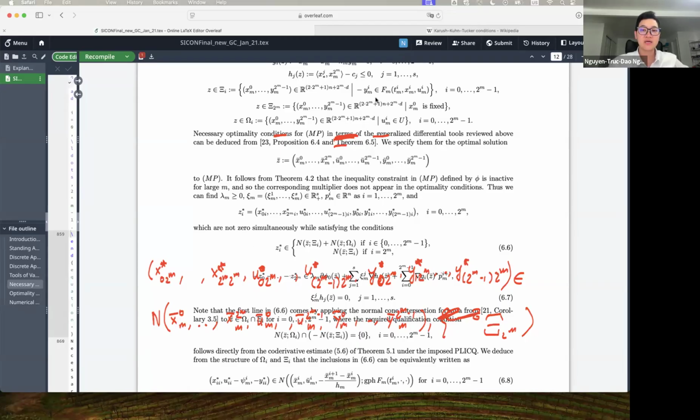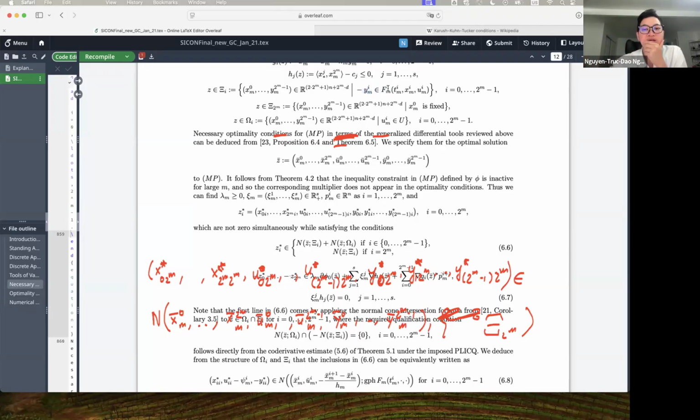Then let's look at the property of the set related to the first element, when I equals 0. So this is the constraint related to negative x dot 0 2m belonging to the normal cone.